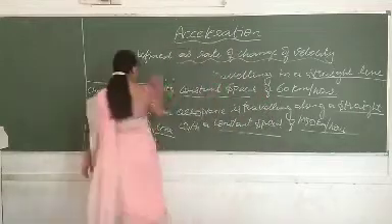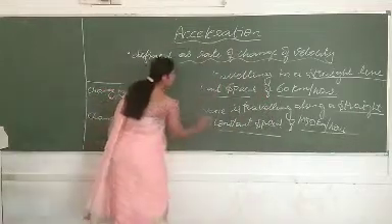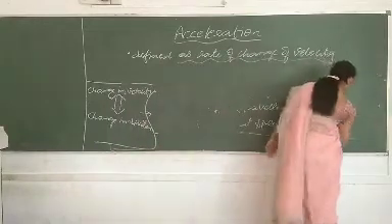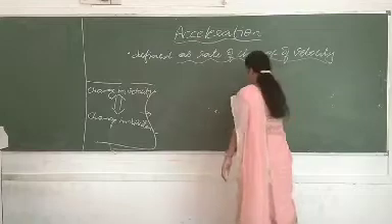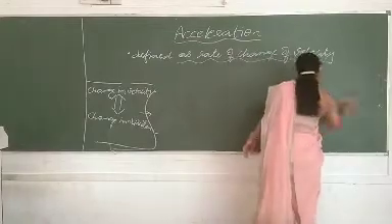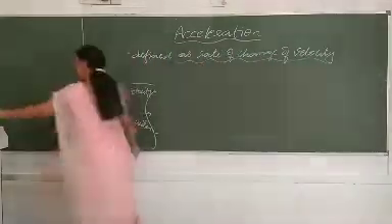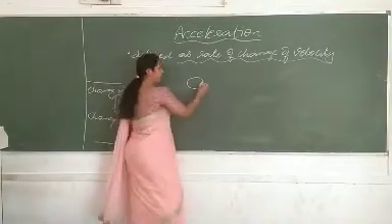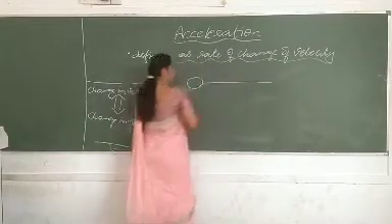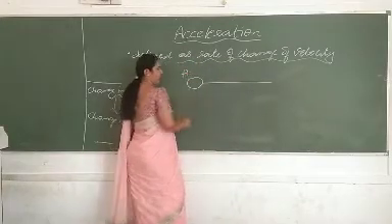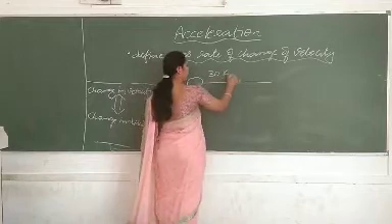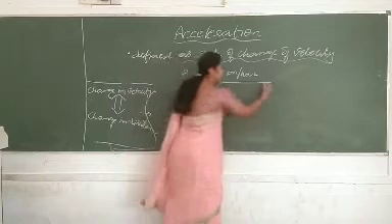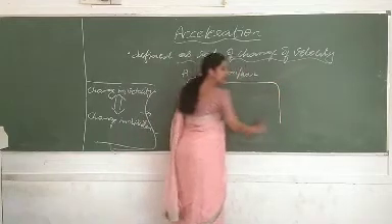Now let me take another example. In the another example, a moving body starts its journey, say from point A at 30 km per hour, takes a turn towards right.